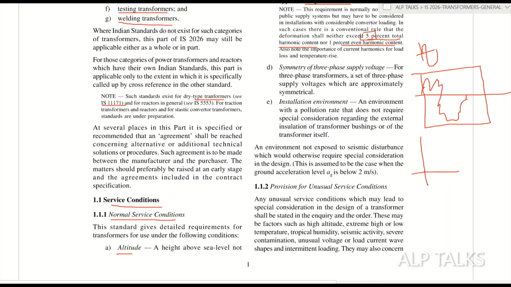Sometimes the shape of the wave is not the same in the upper part and lower part. In those cases we will have even harmonics. Here you can see 1% for even harmonics, I mean second, fourth or sixth harmonics. Generally they won't be there, because most of the time the wave will be symmetrical. We have alternators and all.